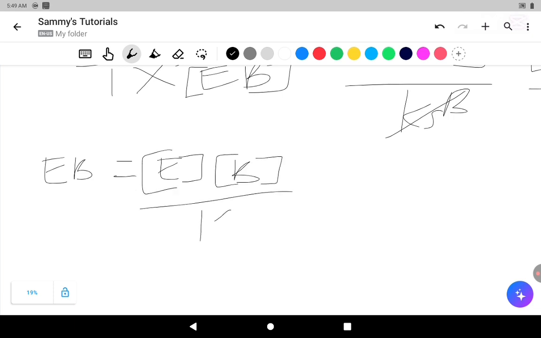This is now your equation B. How many left? 4. This other 4 is very technical, so pay attention.